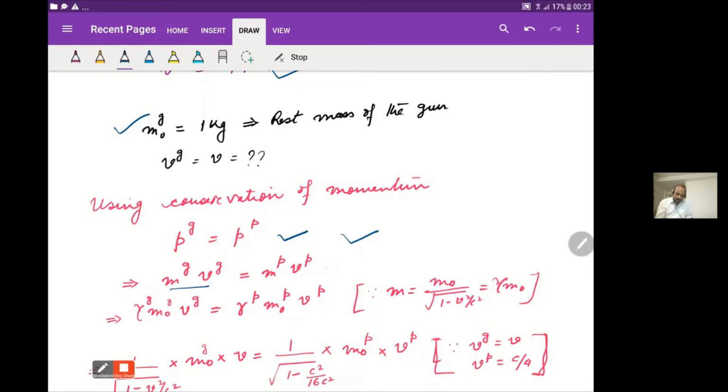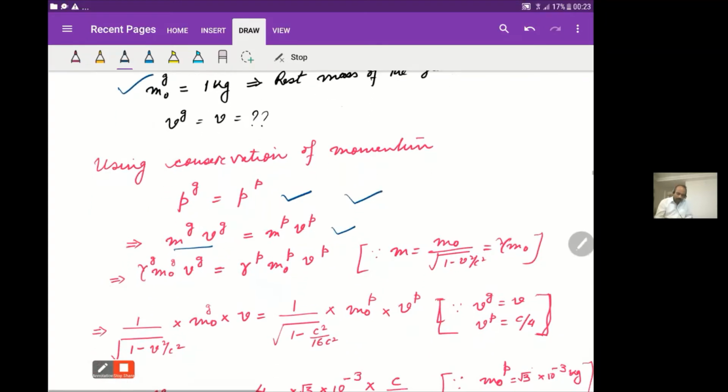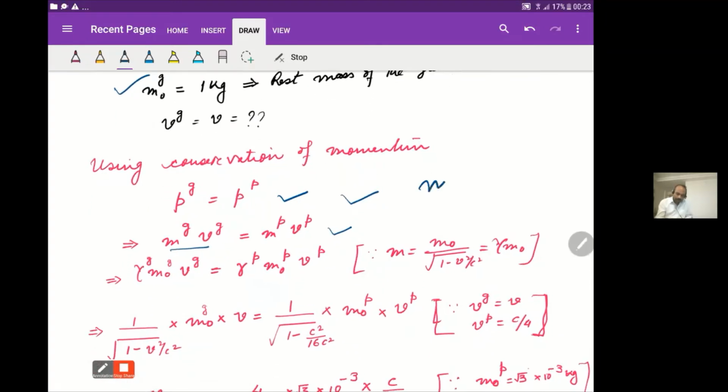For particle, we can write mp times vp. Now we know relativistic mass is given by gamma m0. That means m0 by square root of 1 minus v square by c square.